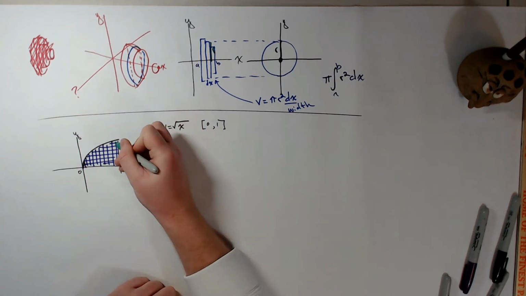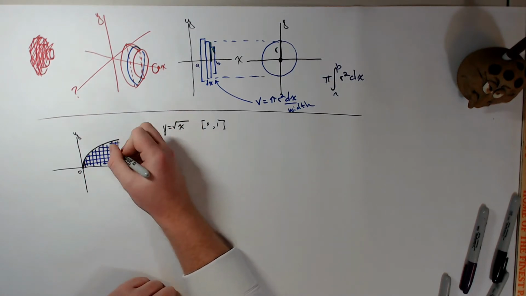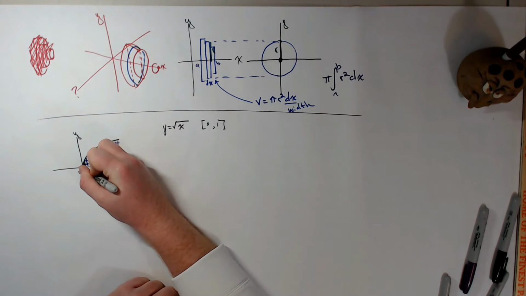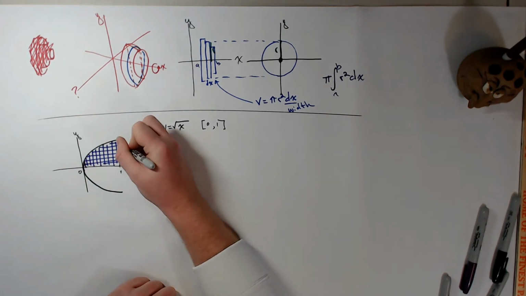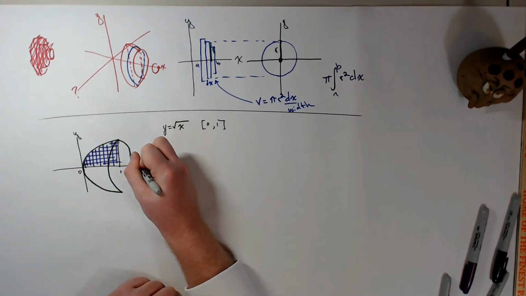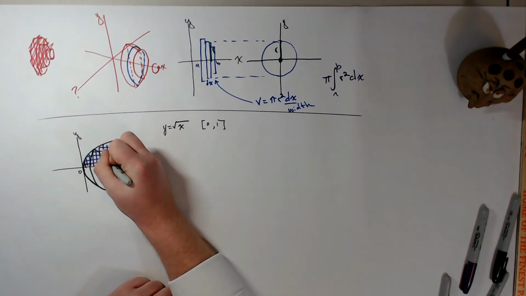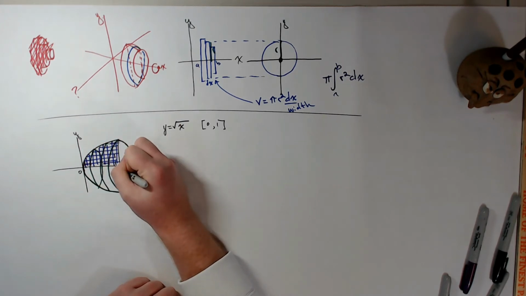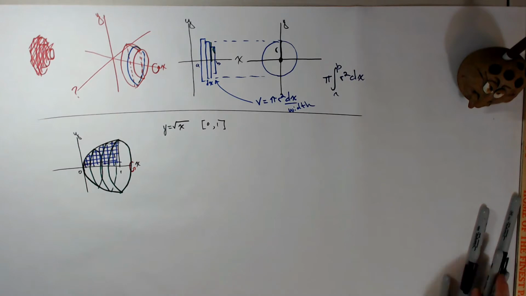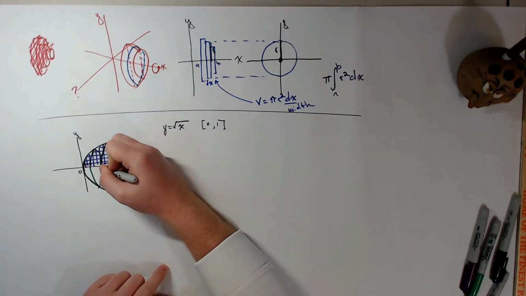As I rotate this, you'll notice that I kind of get a mirror image on the other side of the axis, and then it's circular around its edges. So this is sort of the tip of a bullet kind of shape.